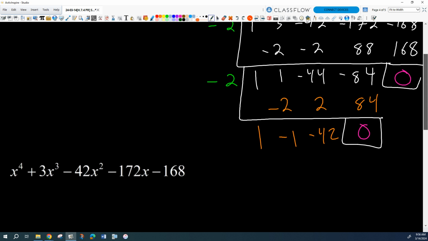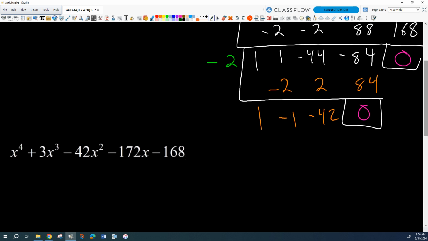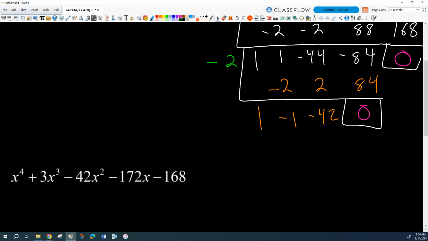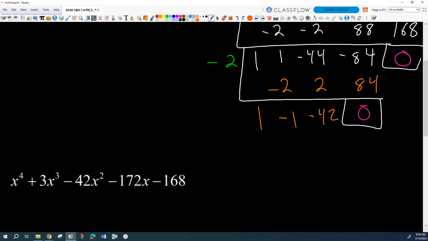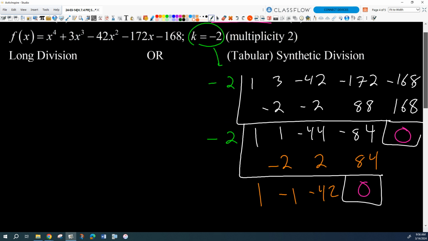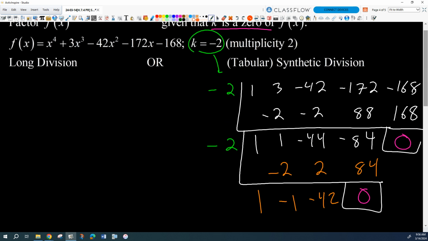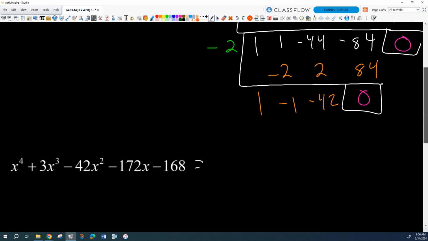That tells me that this polynomial is equal to the product of what factors? Is it x minus 2 squared? x plus 2 squared, right? Everybody get that? Okay, because the multiplicity is 2.